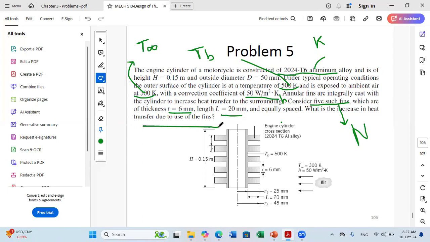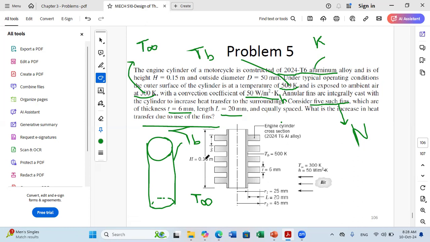We need to compare the case with and without fins. First, if we don't have fins, it's really simple. If you consider the case without fins, you just have a cylinder that is exposed to a temperature. So the whole area of your cylinder will be at T base, TB, and from the outer side, you have T infinity.